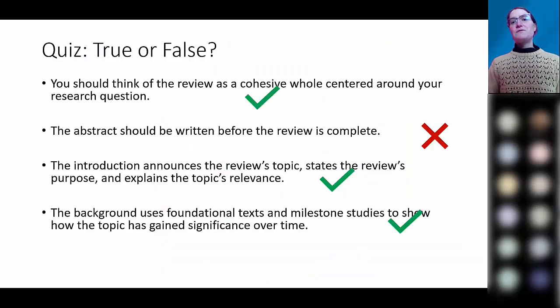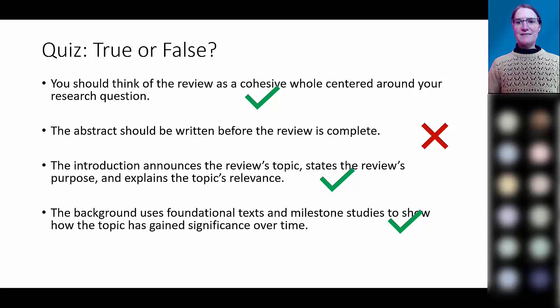Okay, so let's review these initial components of the literature review with a short true or false quiz. So you can put your answers of T and F in the chat. So first, is this true or false? You should think of the review as a cohesive whole centered around your research question. Would that be true or false? Oh, good.